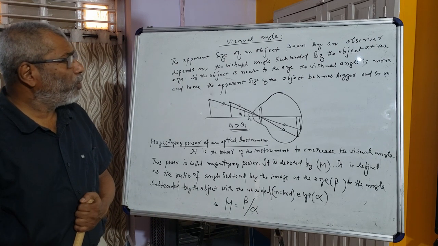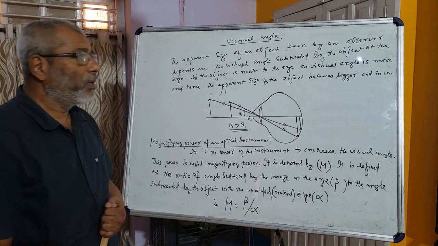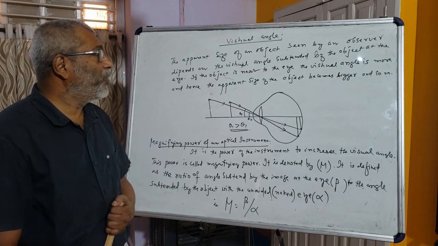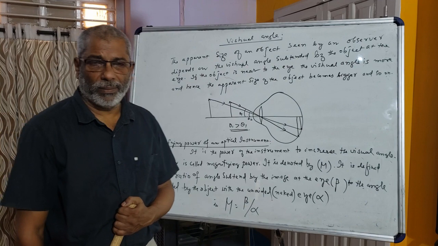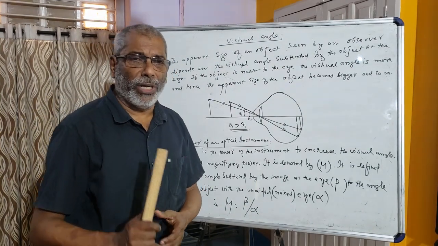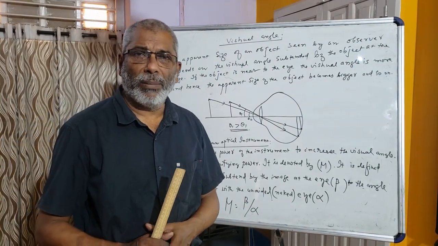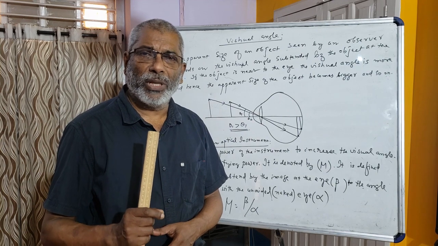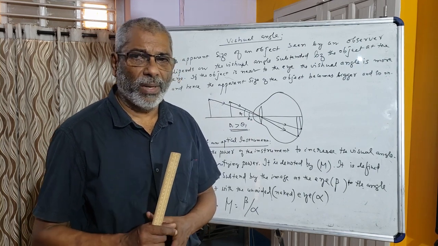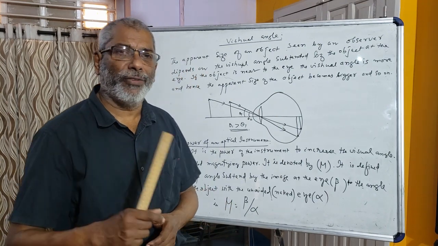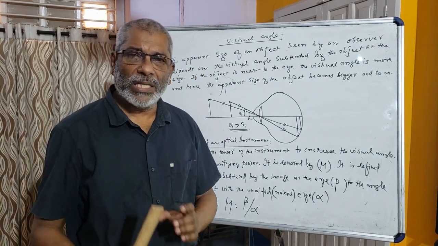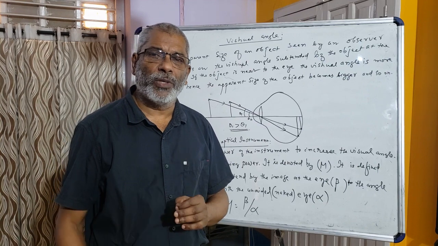The apparent size of an object seen by an observer depends on the visual angle subtended by the object at the eye. If an object is very near to the eye, the image seen by the observer is larger. If the same object is taken to a larger distance away from the eye, the size of the image judged by the observer is smaller.